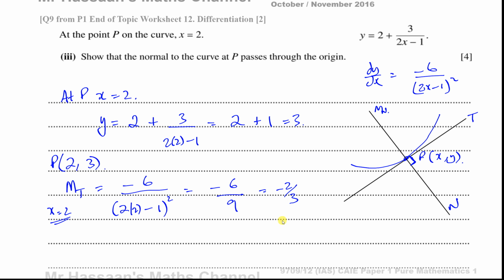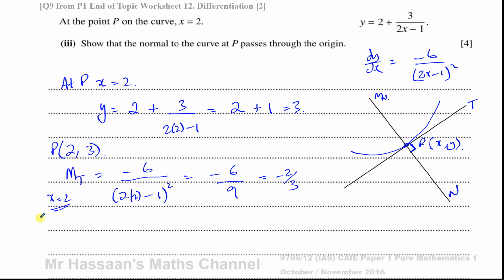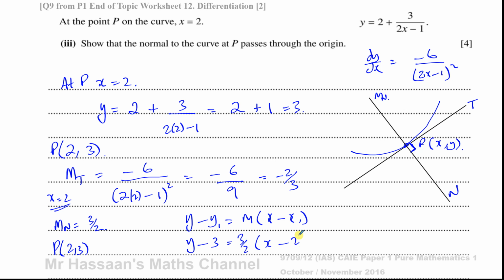That's the gradient of the tangent. So we know that the gradient of the normal is going to be positive 3 over 2, and the point P is the point (2, 3). So we can say that the equation of the normal is y - y1 = m(x - x1). So y - 3 = m, which is 3 over 2, times (x - 2).